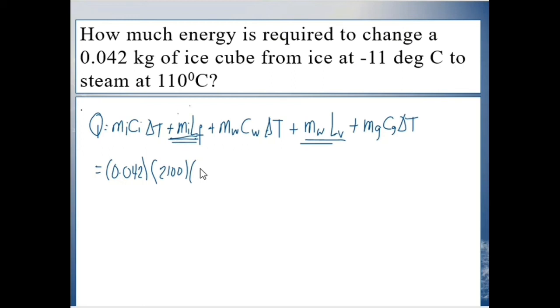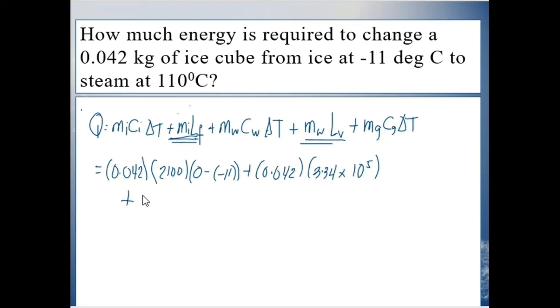So that is 0 minus -11. Be careful here, that's a common mistake. 0 minus -11, so this will become positive. Plus, mass of the ice is 0.042, LF is 3.34 times 10 to the 5.